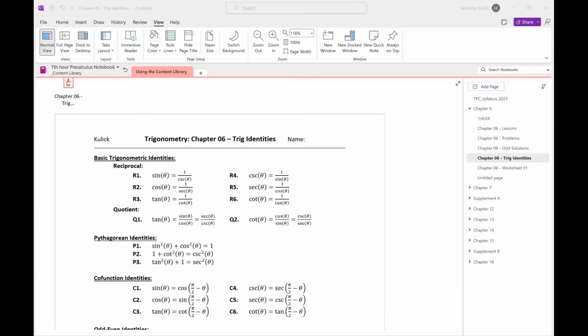And we're really going to just do a limited sampling of these things. We're not going to derive any of these identities. We're not going to do any verifying or simplifying or solving with these identities.